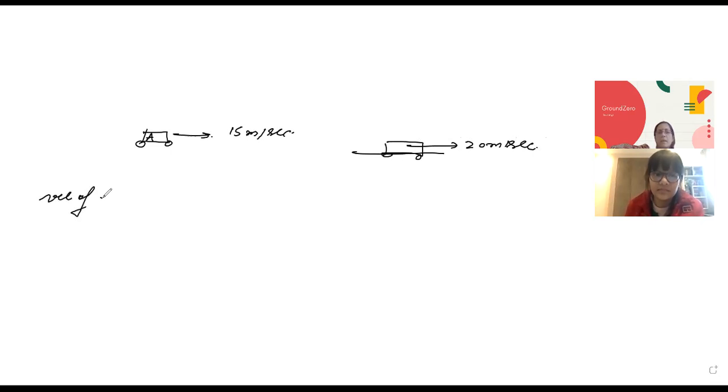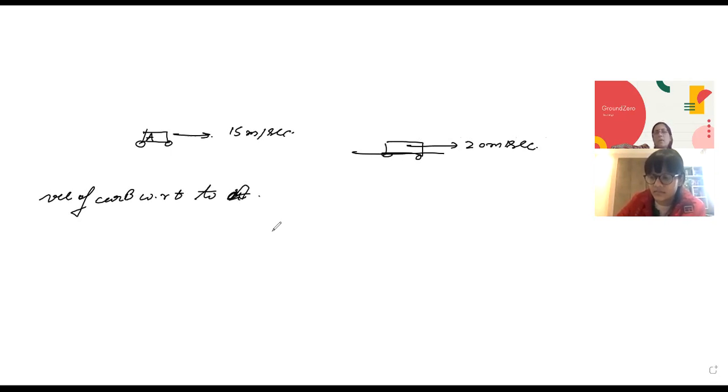Let us suppose I tell you a car A is moving with a velocity of 15 meter per second. The second car, car B, is moving with 20 meter per second. You have to find the velocity of B with respect to A. 5 meter per second.